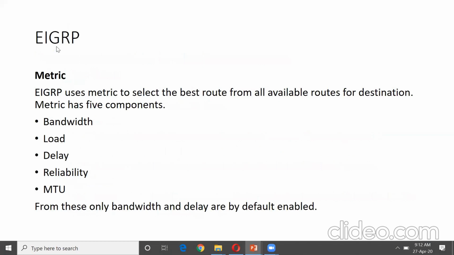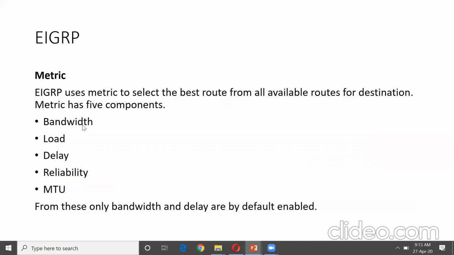Now the metric used in EIGRP. In OSPF, the metric is cost, and we have seen the formula for cost calculation in OSPF, that is 10^8 divided by the bandwidth in bps. In the case of RIP, the metric was hop count. In EIGRP, the metric is used to select the best route from all available routes for the destination, and it has 5 components.